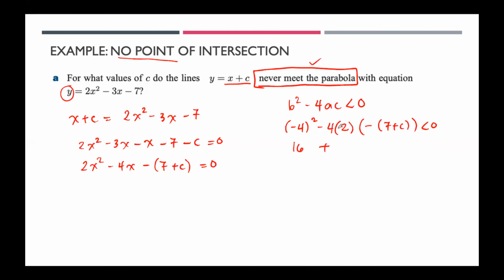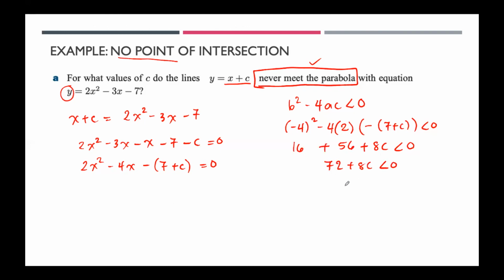So this is 8, 4 times 2 is 8, 8 times 7 is 56, plus 8c, right, is less than 0. So 16 plus 56 is 72, plus 8c is less than 0.